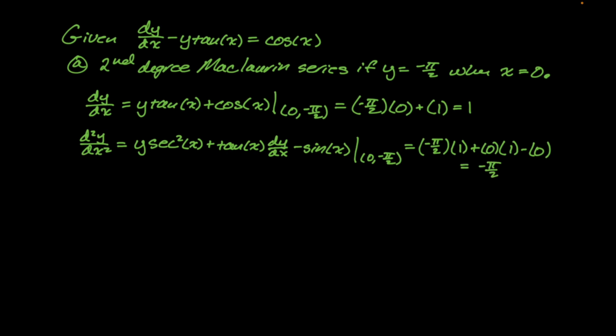So now we're ready to write our series, or this problem calls it a series. I tend to call them polynomials. So our Maclaurin polynomial is going to be, I'm going to call it y and say y is approximately our value at 0, so that's where we start out. That's negative pi over 2. And then plus the derivative at 0 over 1 factorial times x minus 0 to the first. I tend to write that out.